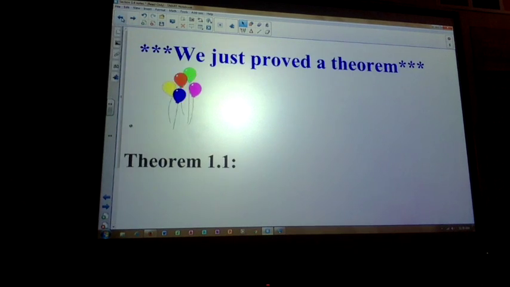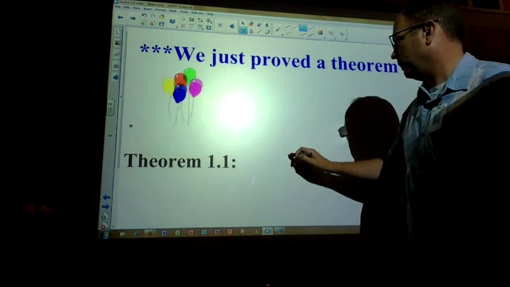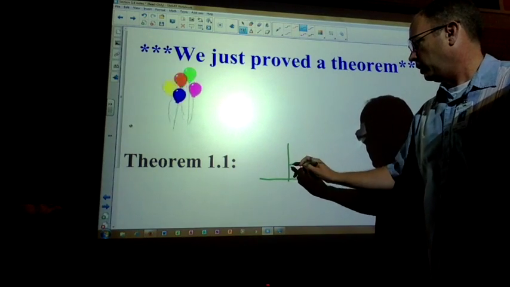Okay. So theorem 1.1. If two lines intersect each other, they form two 90-degree angles, which means the two angles are congruent to each other. So theorem 1.1, we could say this any way we wanted to. I would just say it goes along with this.